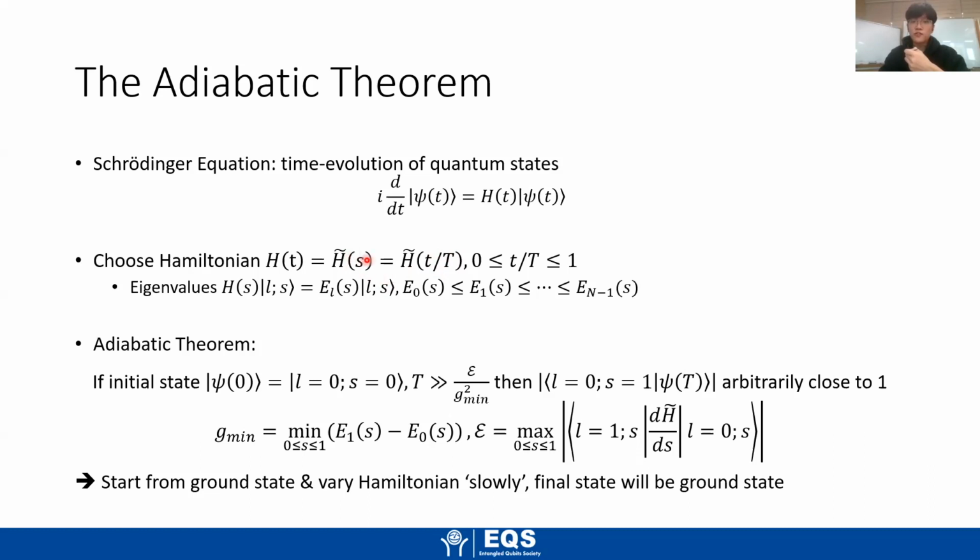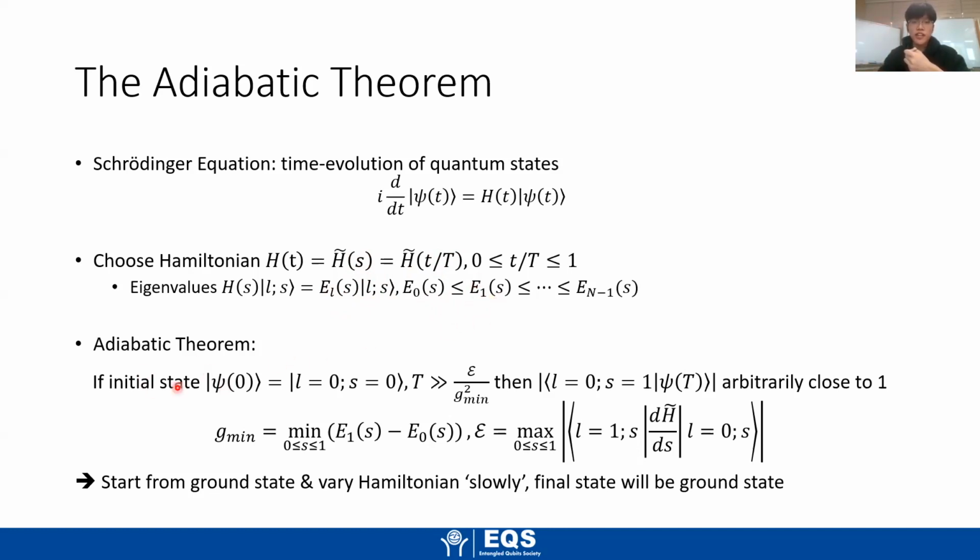And for each s value, for each instance, we can have some energy eigenvalues and energy eigenstates. And here, this L value basically tells us the spectrum. So E0(s) will be the ground state, and E1(s) will be the first excited state.